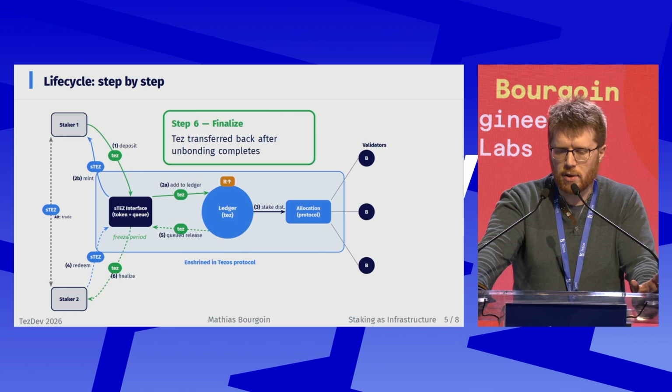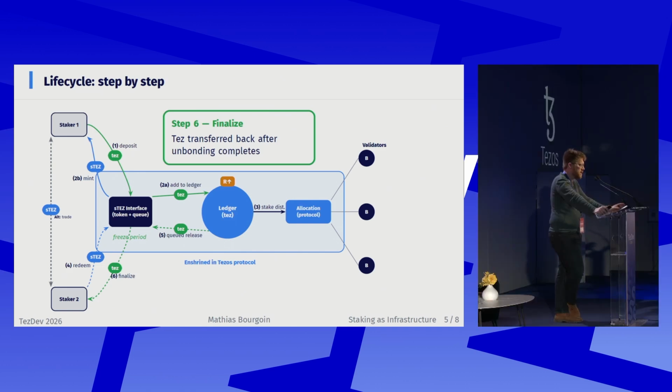And after some freezing period, which is very similar to what we already do with direct staking, the Tez will be transferred back to the wallet of the staker that did the unstaking.